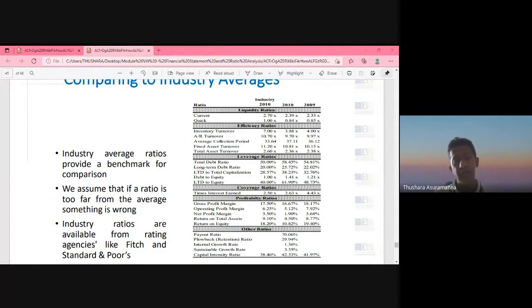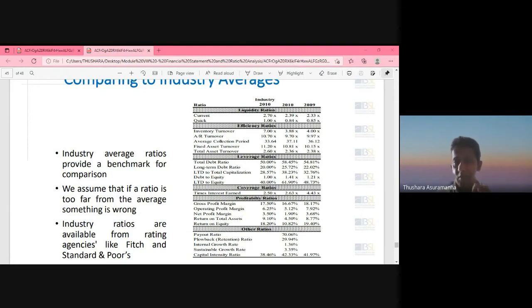What exactly we are trying to understand here is how far or how near we are to the industry average, right? It may not give an exact interpretation, but it gives you a better understanding of the particular company's performance in the context of other companies in a given industry. That is the whole purpose of comparing and contrasting industry averages.